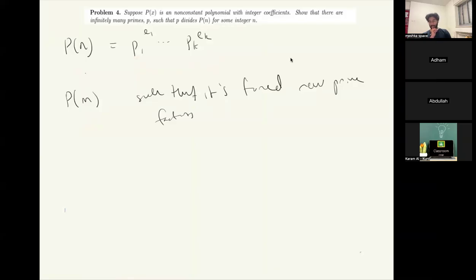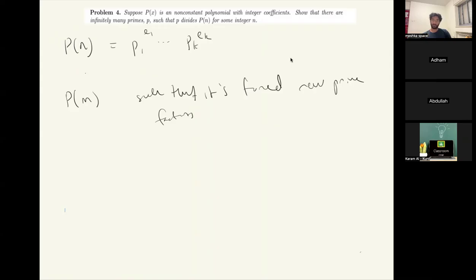Can I do that? Okay. We have to make m congruent to n mod p1. That's right.